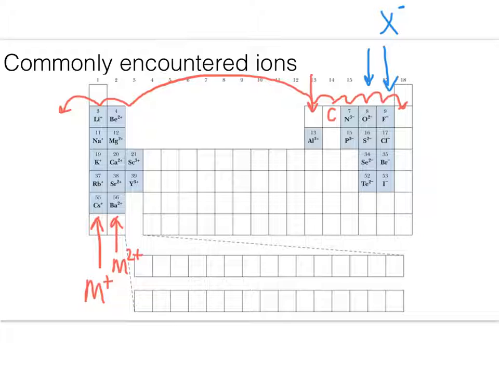If we move 1 more beyond that, we're talking about the chalcogens: oxygen, sulfur, selenium, tellurium. These would like to jump 2 spaces. They'd like to take 2 electrons to have a full outer shell, so they become 2 minus. And then we have the pnictogens, nitrogen and phosphorus, which are going to take a 3 minus charge. They're going to take 3 electrons so they can get their outer shell completely filled.